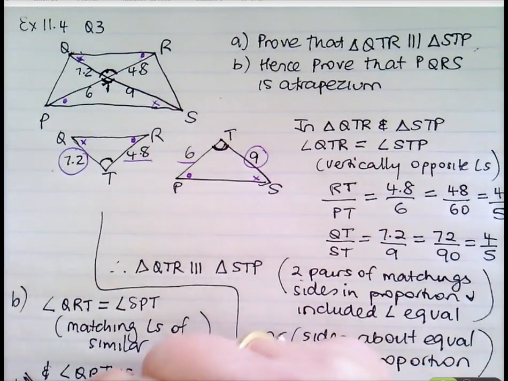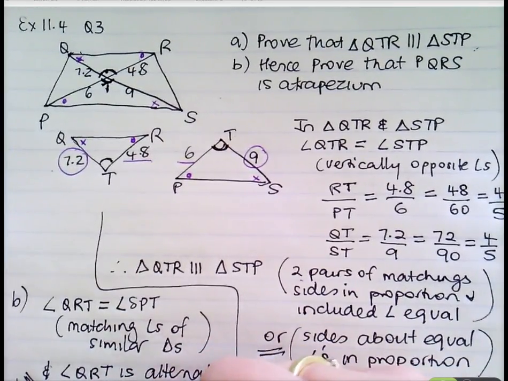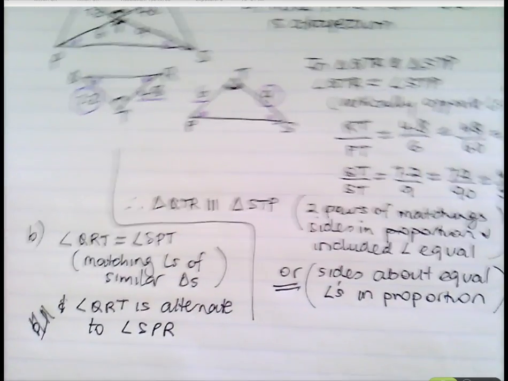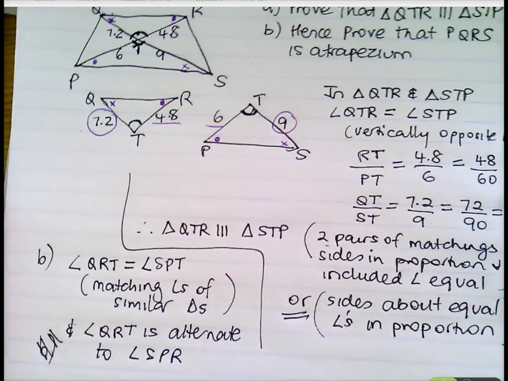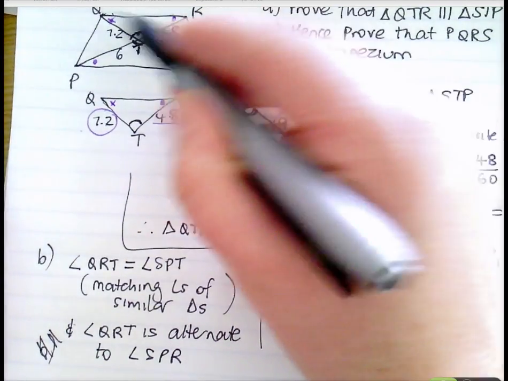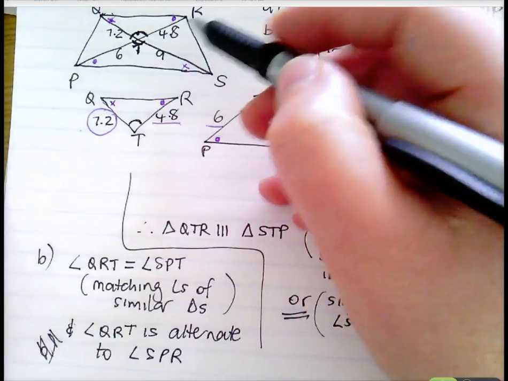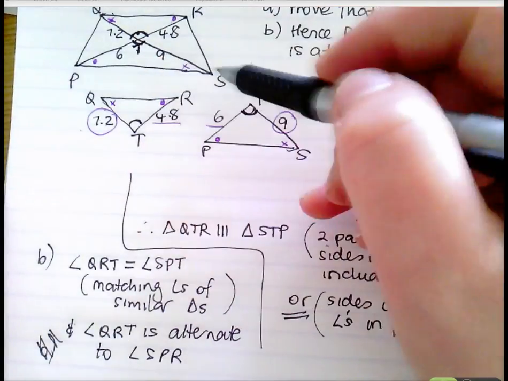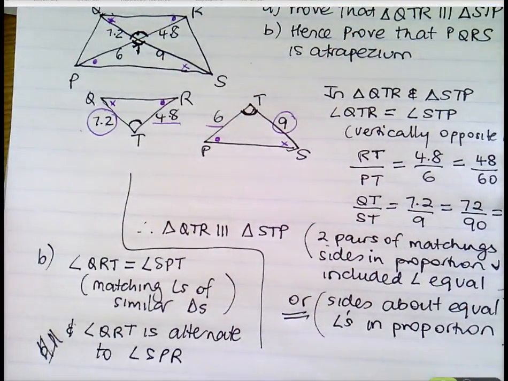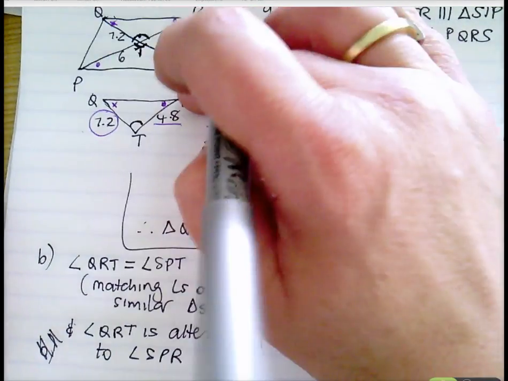It's in an alternate position to angle SPR. If you look at the diagram up here, they do form the Z shape, angle QRT and angle SPR, they form an alternate angle, the backward Z.